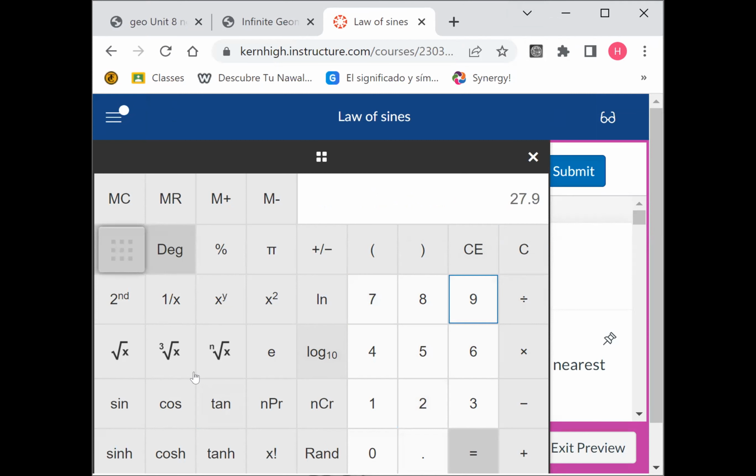So let me just do 27.9 squared plus 21.9 squared.